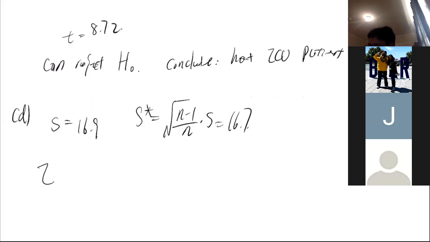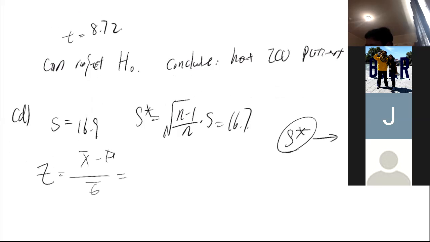So the z statistic here is x bar minus mu over sigma. In this case, we use this S star as an estimator to estimate sigma.